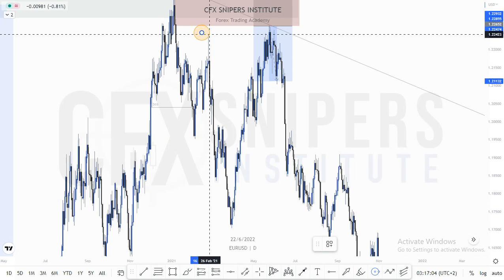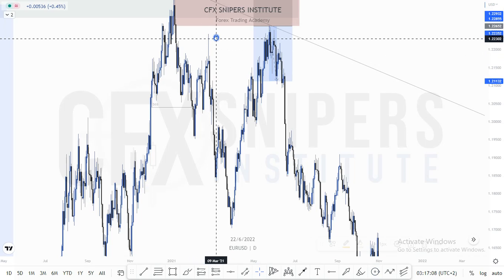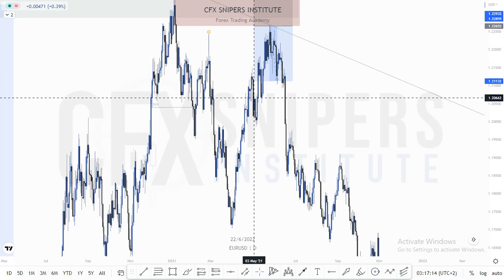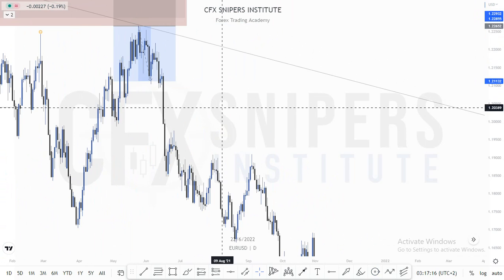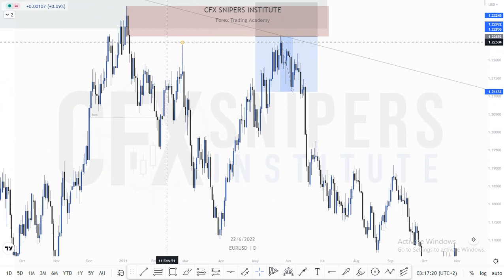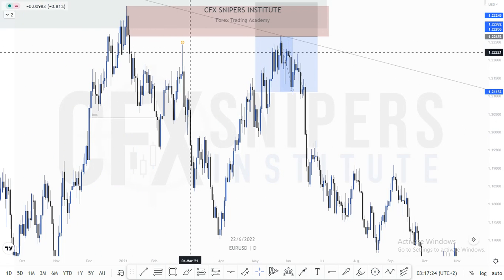So this was just some form of liquidity. When price turns just above or below a zone, it might serve as inducement sometimes. So you mustn't be shook.